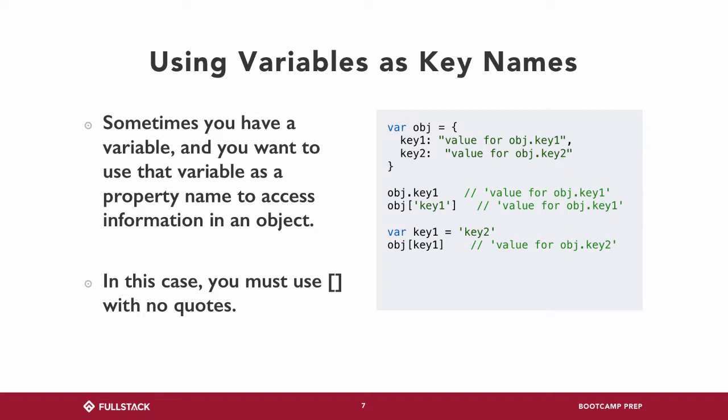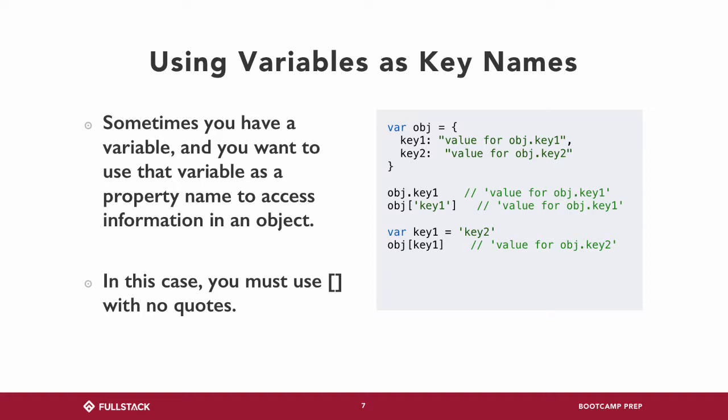Variables as key names is really nice if you're trying to make a key dynamically. Let's say you have person 1, person 2, person 3 in your object. You would be able to have a for loop that creates the string person plus i to look up each of those people without having to hard code that in.